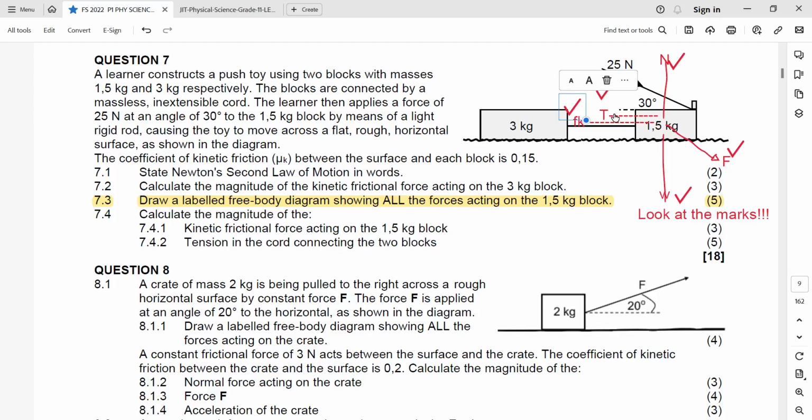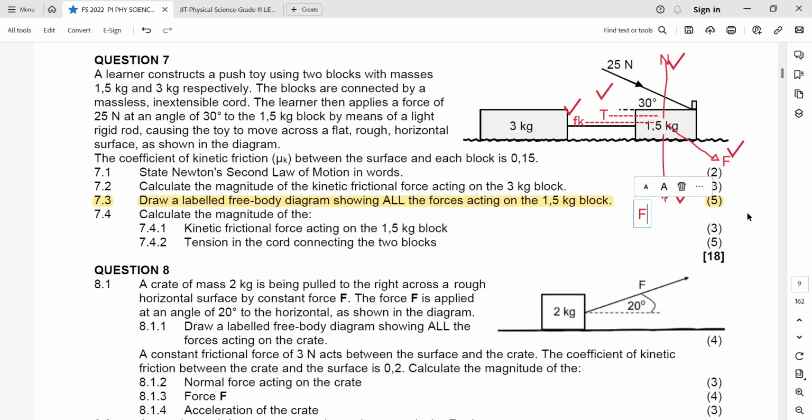Minus tension, minus friction. There you are. Why are we saying minus tension, minus friction? Because there are two forces opposing the motion.